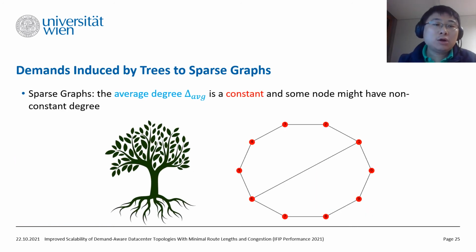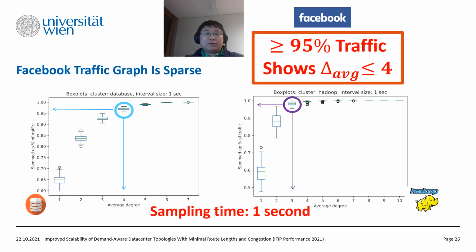Up to now, we assumed our demands are induced by trees, but now we change it. Now assume our demands are induced by a sparse graph. What does sparse graph mean? It means that the average degree is constant. Maybe some nodes still have a non-constant degree. By our experience, we found the Facebook traffic graph actually is sparse.